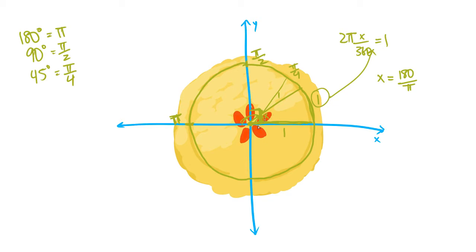You can say pi over 6, pi over 3, and we're going to be using those a lot. So pi over 3 is 60 degrees, and 30 degrees is pi over 6. And so what would this be? 2 pi over 3. This would be 3 pi over 4. This would be 5 pi over 6.